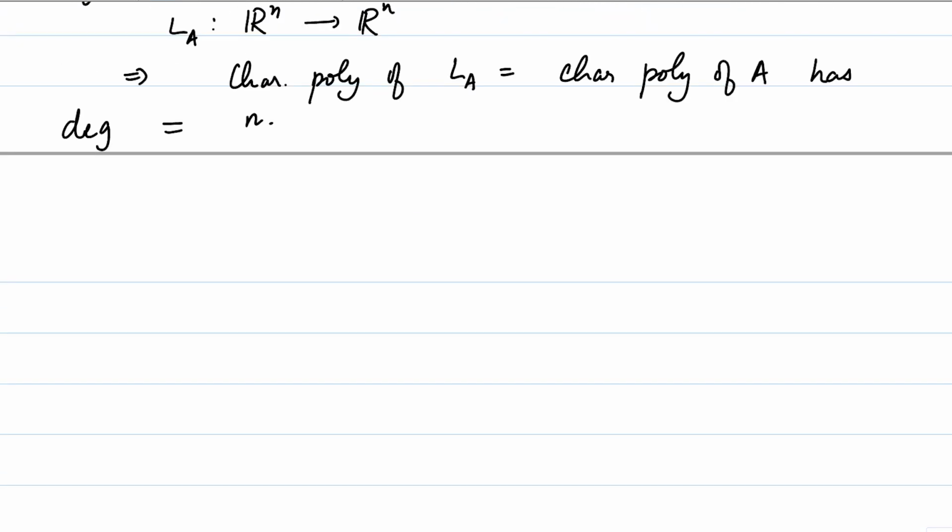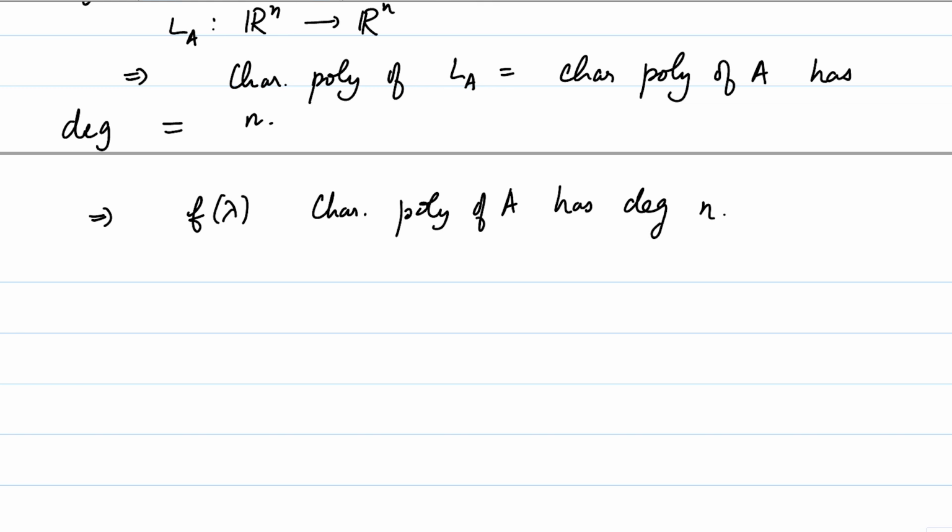So that means f of lambda, which is the characteristic polynomial of A, has degree n. So f of lambda is equal to minus 1 to the power n times lambda to the power n plus so on, the lower order terms, plus A0, which will turn out to be the determinant.